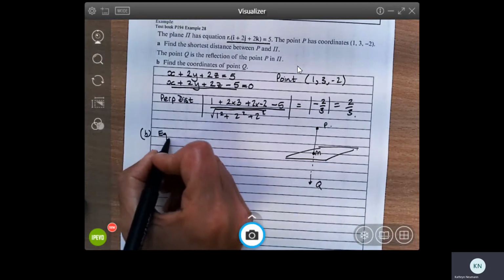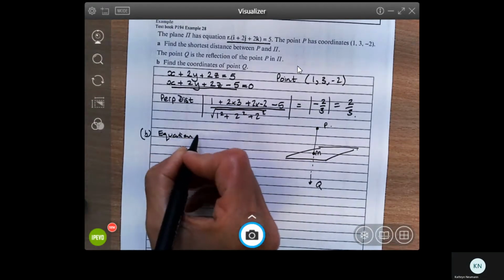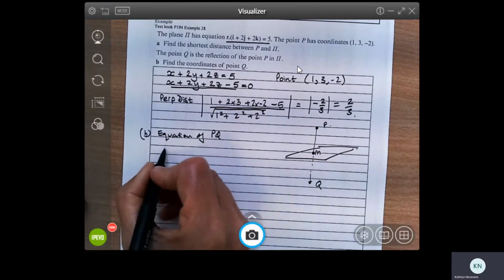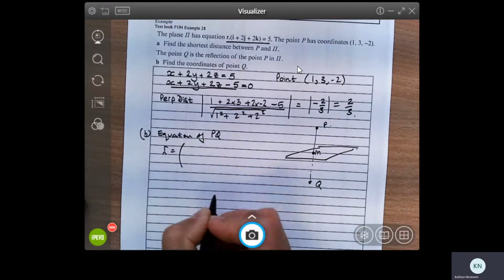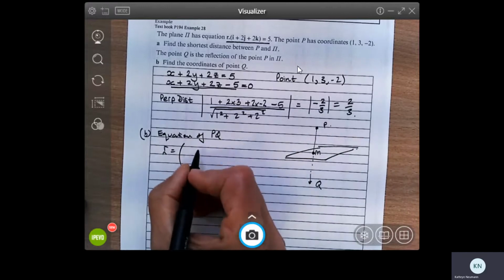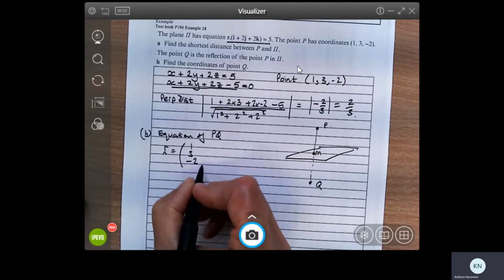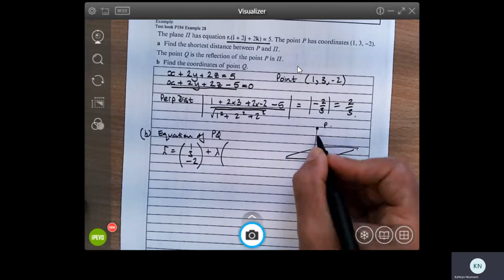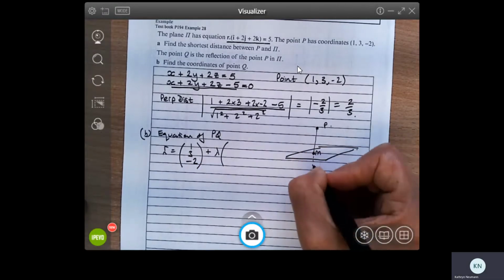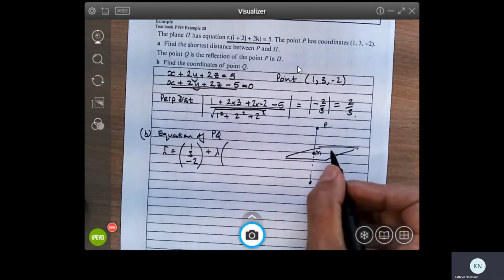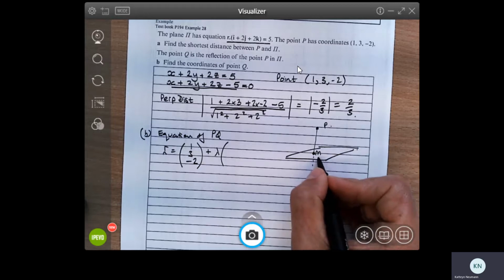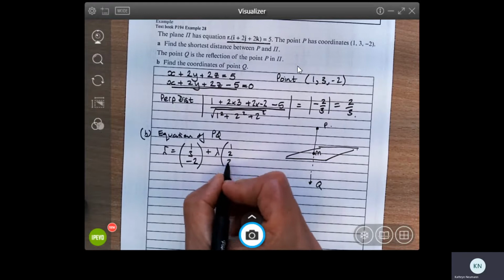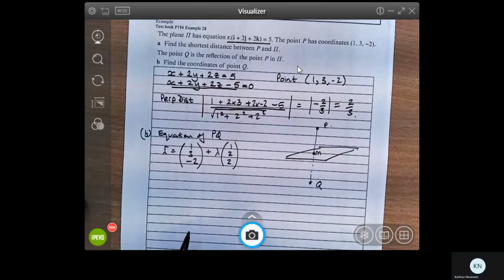So the equation of PQ: the equation of a line is a point on the line, which we know P is 1, 3, minus 2, plus lambda times the direction vector. Now, the direction vector of this is the normal of the plane because we are moving perpendicular to the plane. So that's 1, 2, 2.